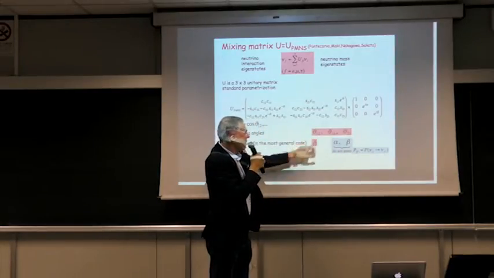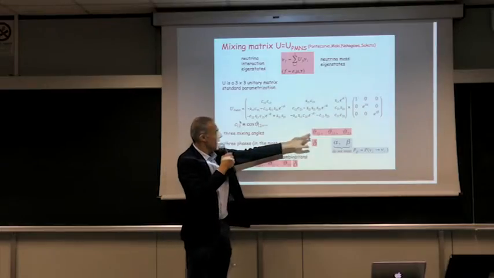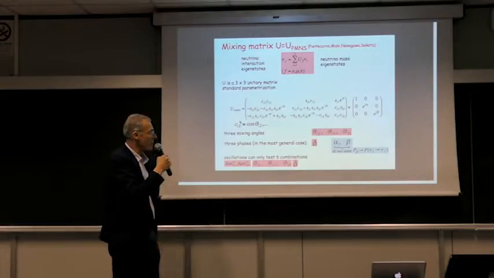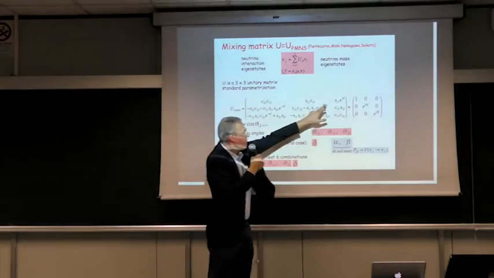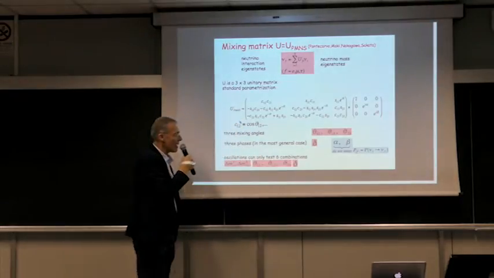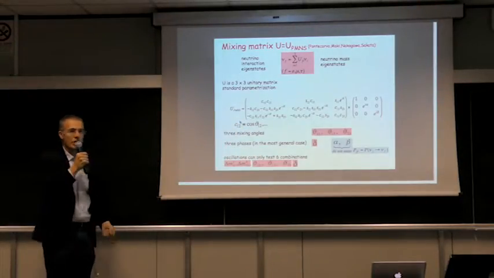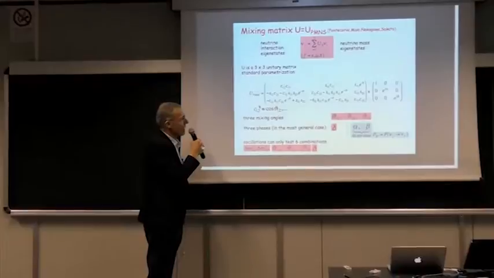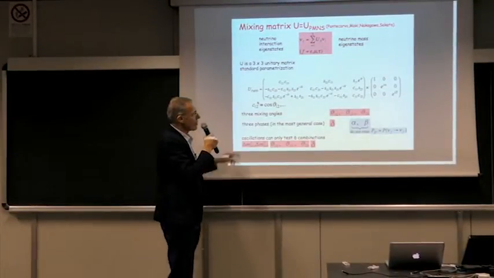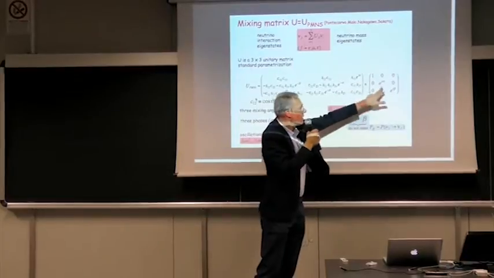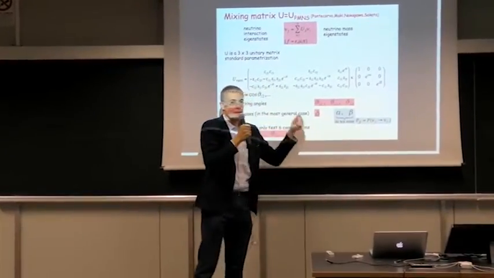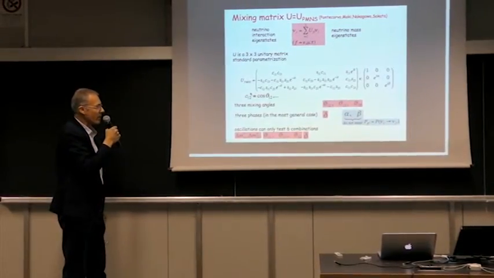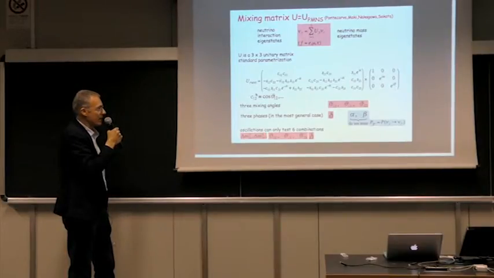Here the indices refer to the fact that this angle, theta 12, parameterizes a rotation in the 1, 2 block, and so on. It also depends on a phase delta, which is the analog of the phase which is present in the CKM mixing matrix for quarks. In the case of neutrinos, we may have also 2 additional phases, alpha and beta here, which, however, for the rephasing property that we have seen before, do not enter the expression for the conversion probabilities.